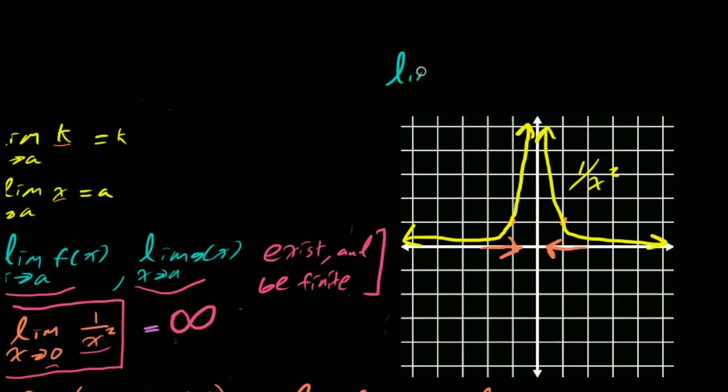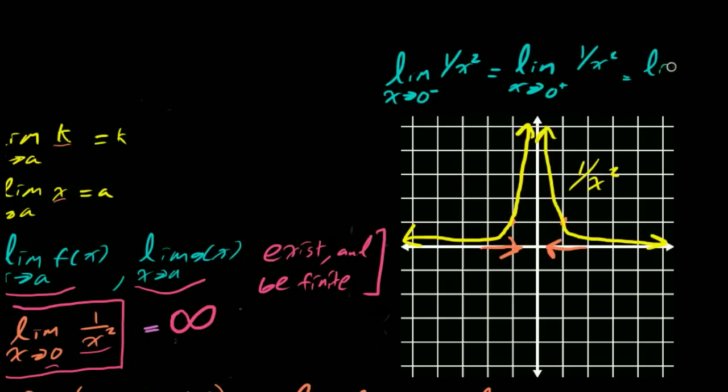That's like saying the limit as x approaches 0 from the negative side of 1 over x squared was going to be equal to the limit as x approaches 0 from the positive side of 1 over x squared. So therefore, we knew that the entire overall limit existed.